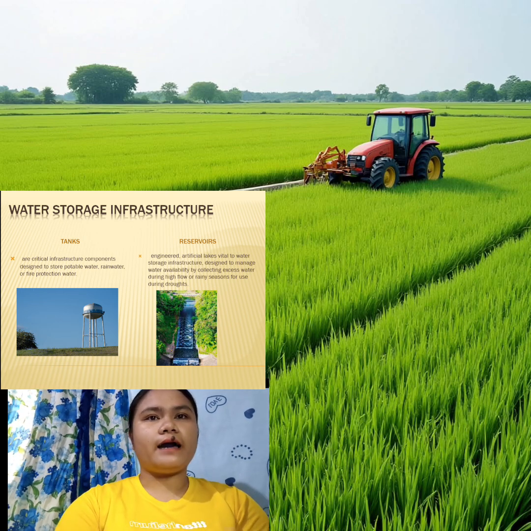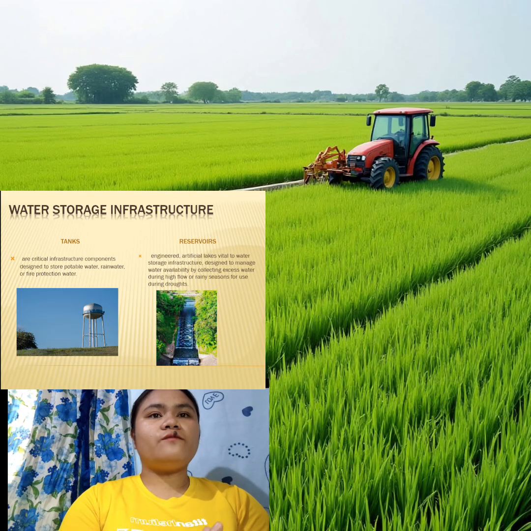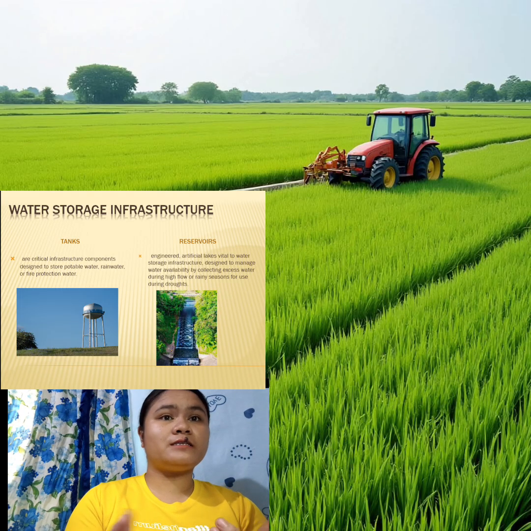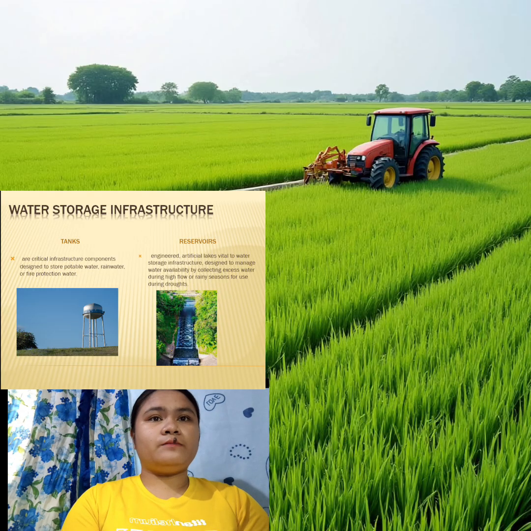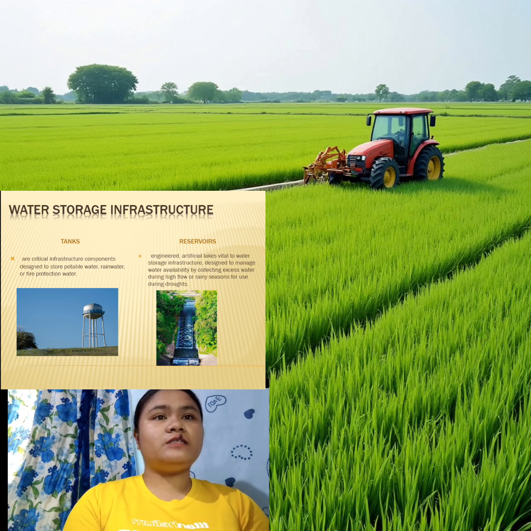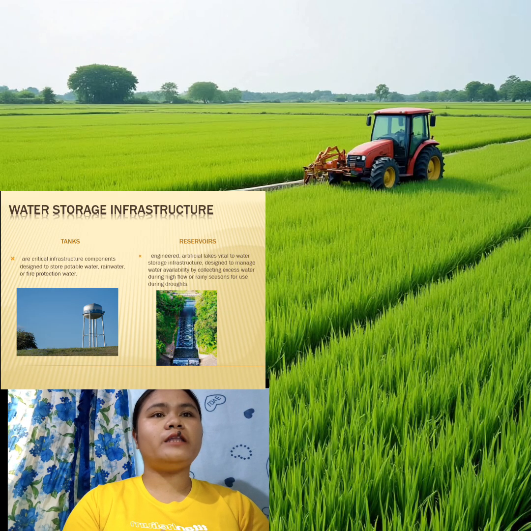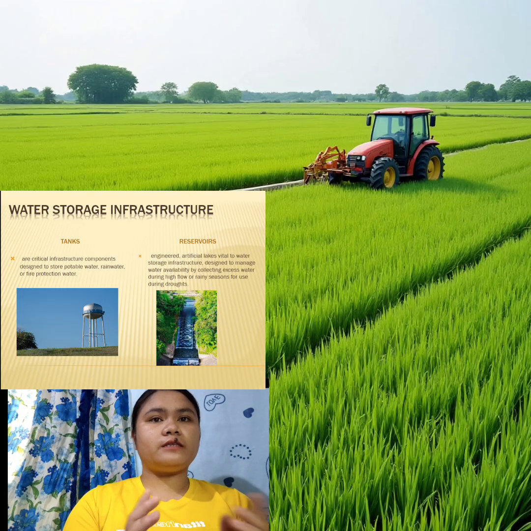So the second is the reservoir. Reservoirs are engineered artificial lakes, or in short, they are not natural. They are artificial lakes designed to manage water availability. They collect excess water during high flow or rainy seasons and store it for use during droughts.